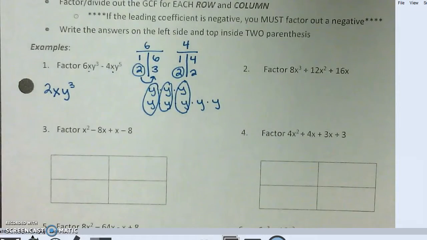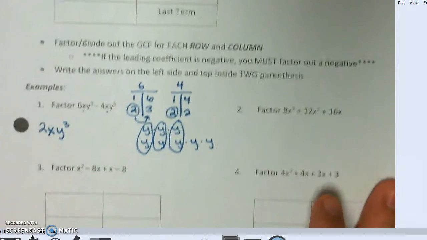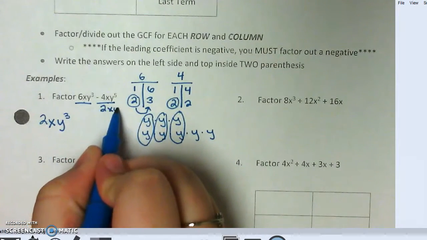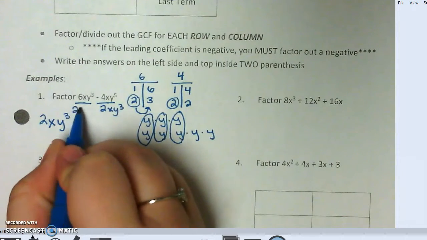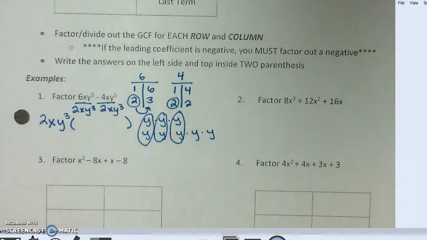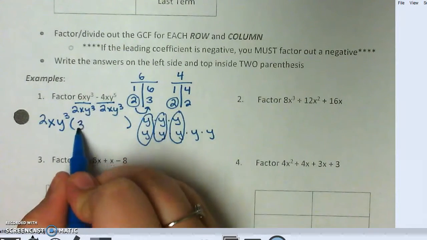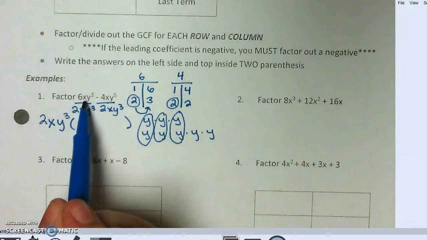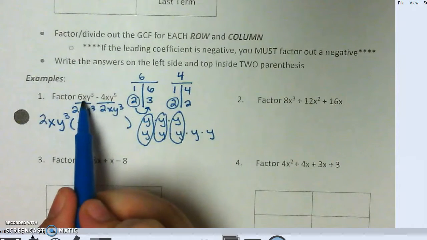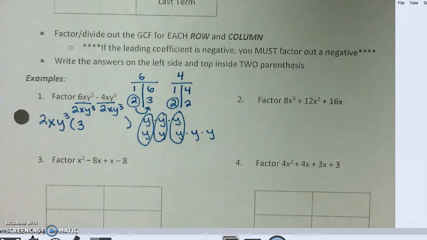Now we're going to divide all the terms by the GCF. So then you just divide. 6 divided by 2 is 3. This one has 1 x. The exponent tells us how many we have. We're taking out 1, so we don't have any x's left.